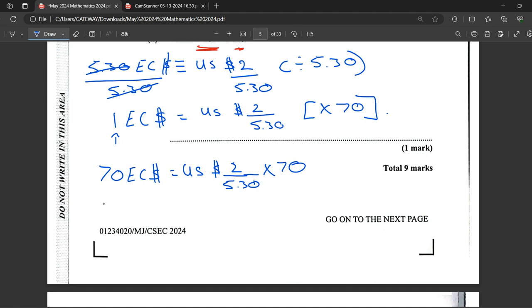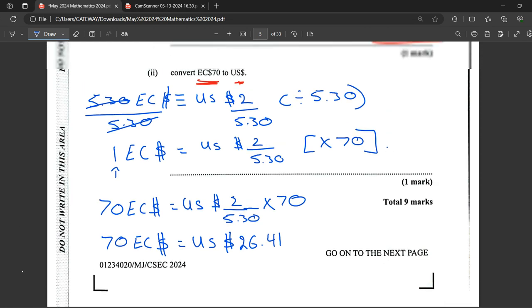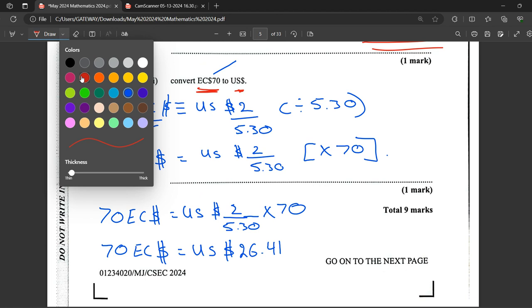Right? So when you work this out, you're gonna get 70 EC dollars is therefore equal to something around 26.41 US dollars, right?